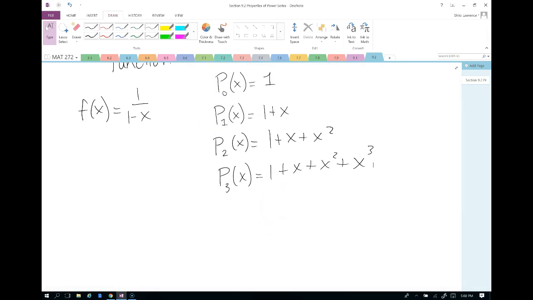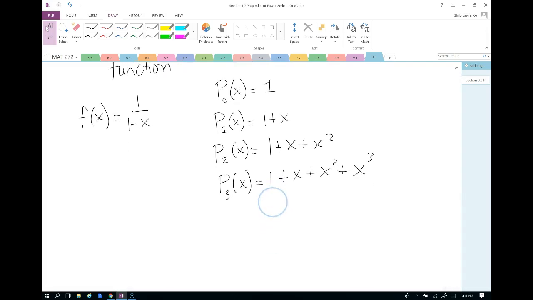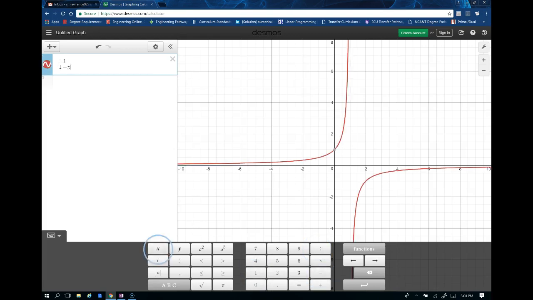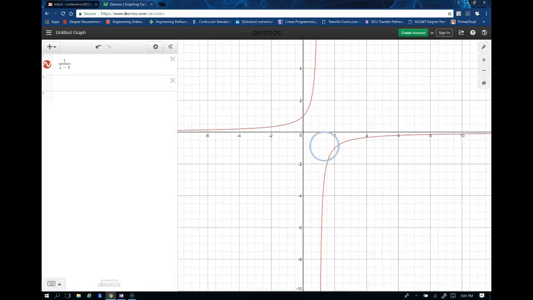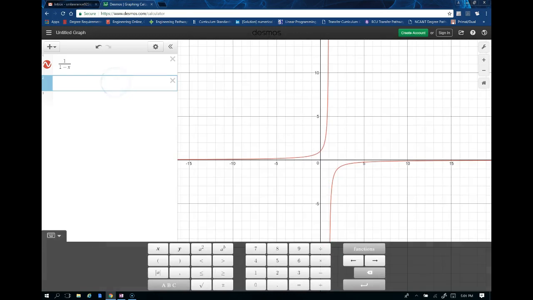Now, what I want to do is graph these and give you a visual representation of what a radius of convergence is. So I'm going to switch over to Desmos here. Our original function is 1 divided by 1 minus x. And then we're going to plot some of the polynomial approximations.